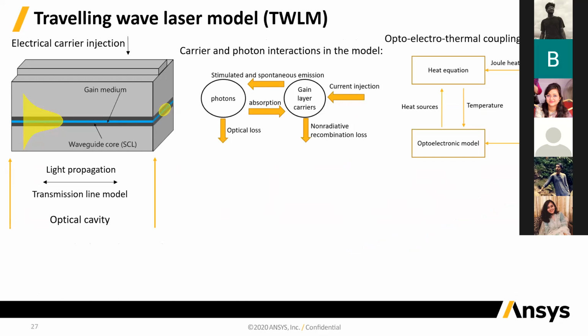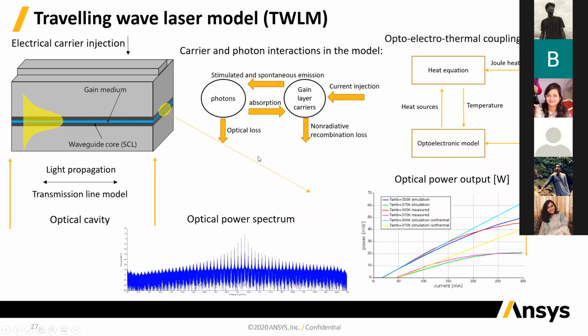Probably not go through most of the details here. I can just go through the results quickly maybe. Some of the effects that you can capture using the TWLM model are, of course, the optical gain, and with the electrical part, the information that you provide to the solver is how much current you're injecting to your gain layer.